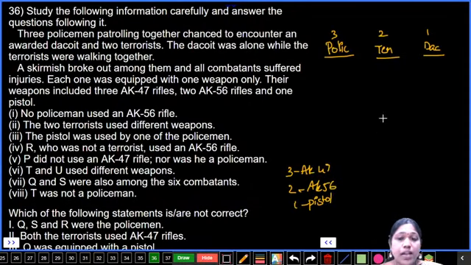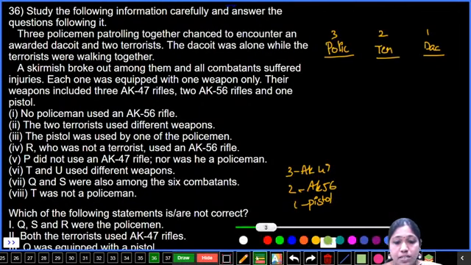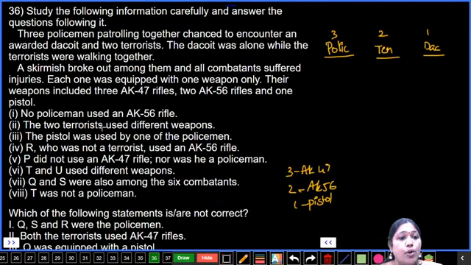Now basing on this, we'll start with the conditions. The first point is no policeman used an AK-56. So here AK-56 does not come. The next point is the two terrorists used different weapons, so the weapons will be different for the terrorists. The pistol was used by one of the policemen. Here one person will be using a pistol.